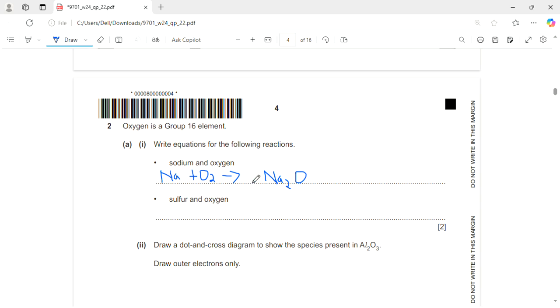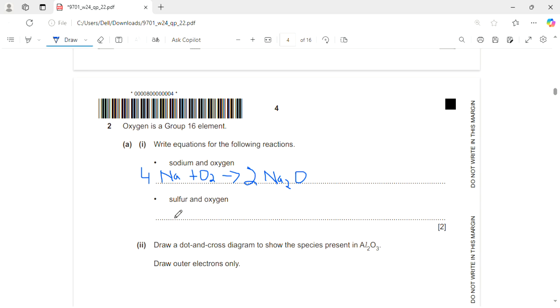So we must add 2 to this side, but we have 4 this side. What about this? 4Na plus O2, which become 2Na2O. Alright, I think this should be a balanced equation, because of 4Na, 2 2s are 4Na. There is 2 oxygens and the 2 oxygen. Okay.